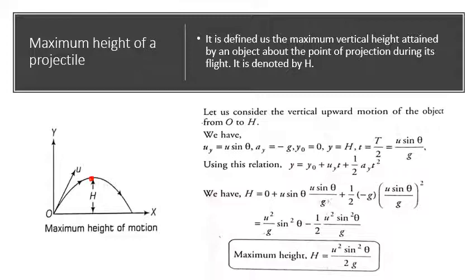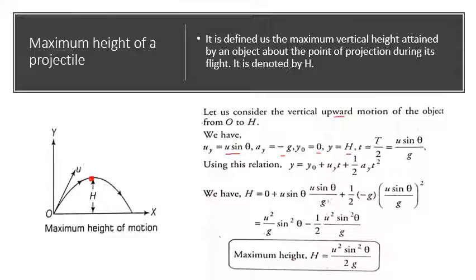Now, let us consider the vertical upward motion again of an object from O to H. What is the vertical component? Uy equal to u sine theta, and ay equal to minus g. Y naught, initial position, is 0. Final position is capital H. And small t equal to capital T by 2, where capital T is time of flight.